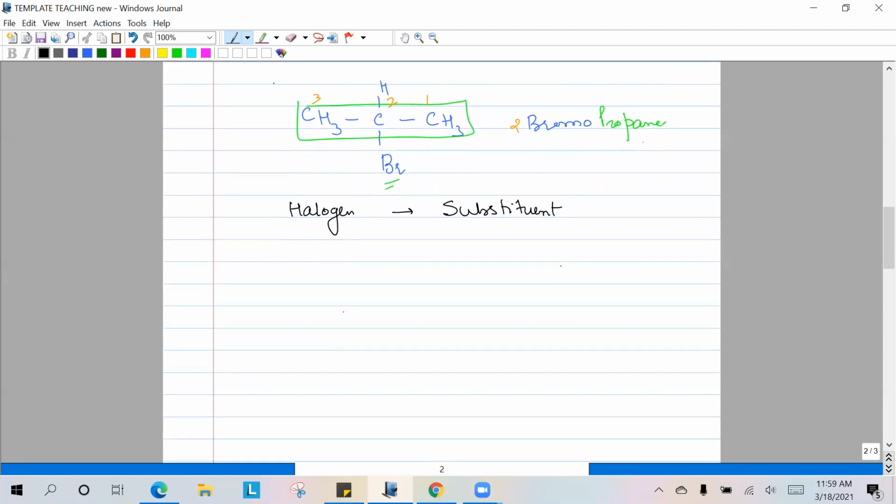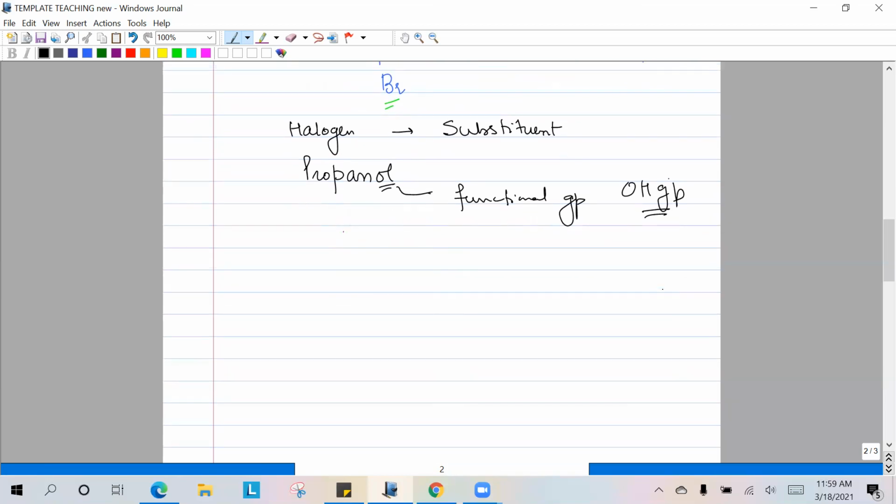I know it from their name, because substituents are usually written before the parent chain, like methyl something. For example, if I write the word propanol, ol stands for the functional group, which represents the OH group.